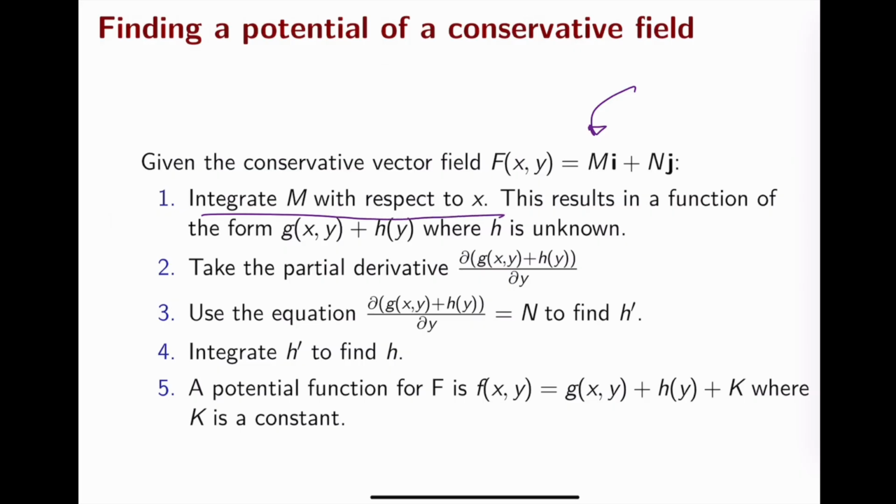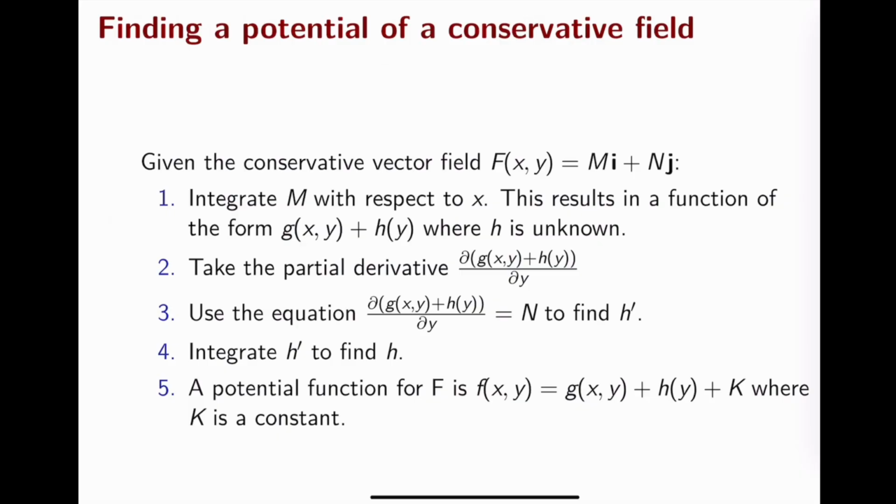Integrating with respect to x means considering y as a constant. And so when we finish the integration, when we put an m plus constant, in our case, this constant could eventually depend on y. So the result of this step is going to be a primitive of the function m, plus an unknown function h that depends on y. The objective of the method will be to find out what that function h is, because when we find it, this will directly be the potential function.